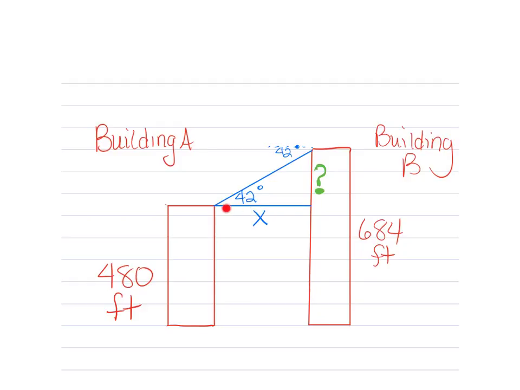What's the distance between the two? Not only do we need to find this distance between the two, we need to find this height here. We can find this height if we take 684 and subtract 480. And whatever we get here, we need to place that value here and use trig to solve. Show this one to your teacher when you have the answer.